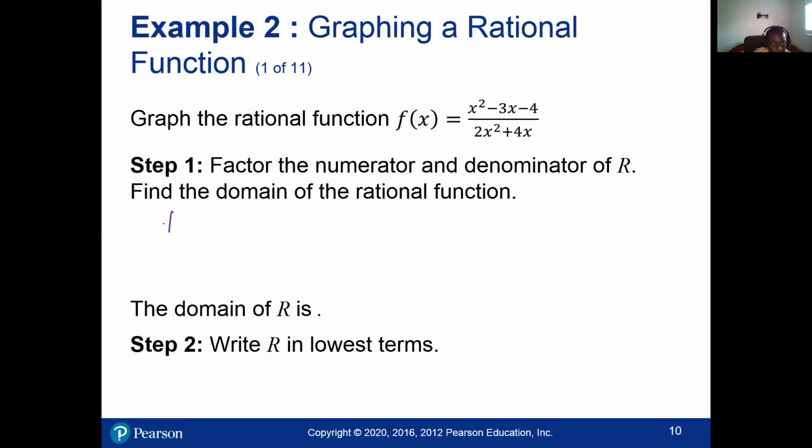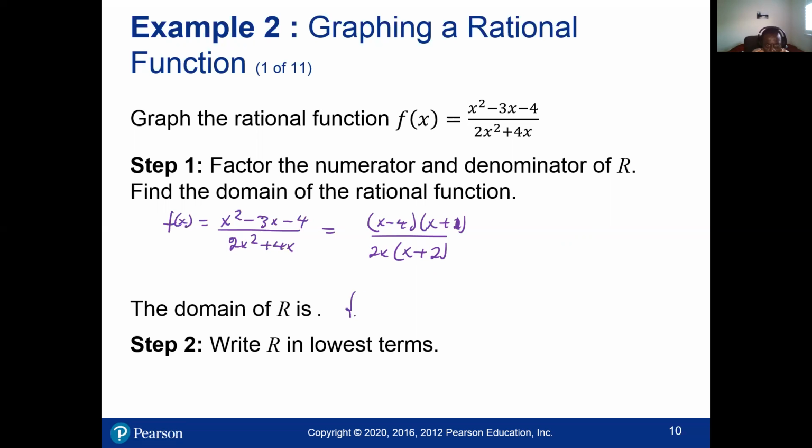Well, so we have f of x, which is x squared minus 3x minus 4 divided by 2x squared plus 4x. Now, if I factor, we have x minus 4 and x plus 1 divided by 2x and x plus 2. This is in the factored form. So what's the domain?